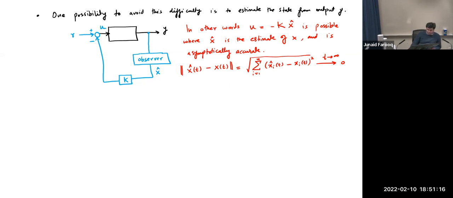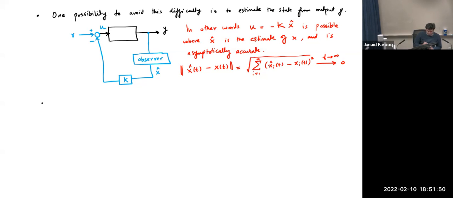So meaning that the mean squared error of the observations goes to 0 as the time goes to infinity. So as long as the observer has constructed an estimate of the state which is asymptotically accurate, you can use a linear state feedback controller, and that should do the trick. That should actually help you achieve the system design goals.